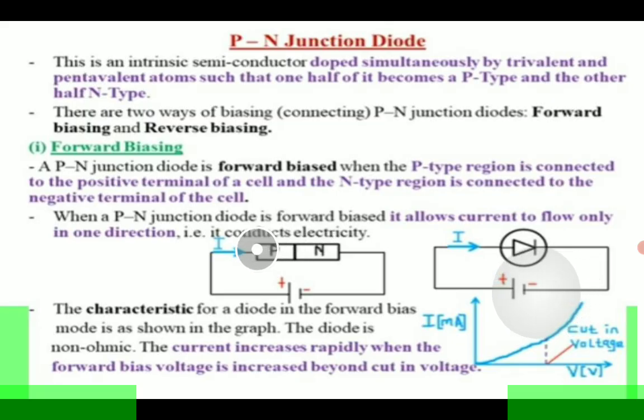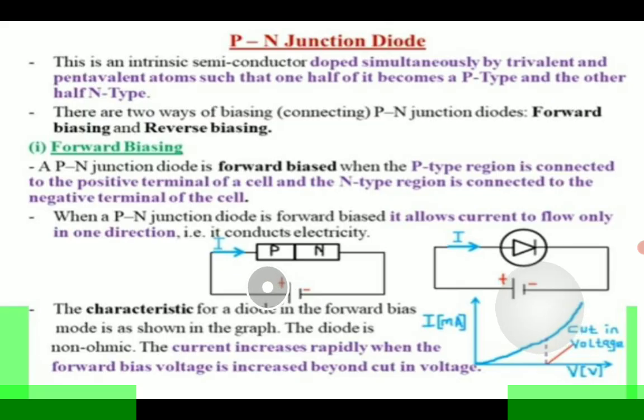Although I've not shown it labeled properly here, the p-type, the p end, the positive end, is what is called the anode, and the n end is what is called the cathode. So the cathode is connected to the negative end, the anode is connected to the positive end.